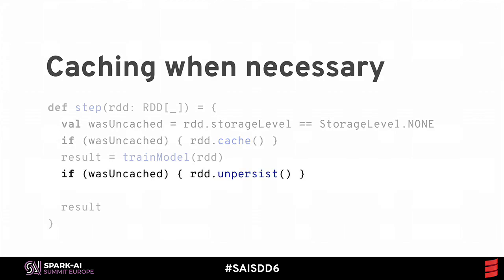And then at the end of the function, if the RDD was uncached at the beginning, that means that we cached it, so we'll uncache it. In this way, we're leaving the RDD as we found it, like a campsite. Right? We're not doing anything that's going to surprise the user, and we're still getting the benefits of caching there.